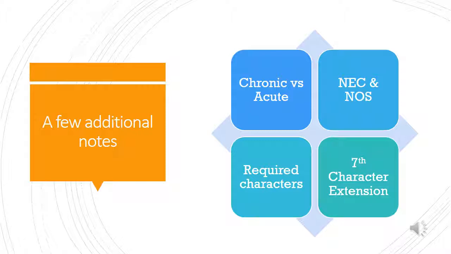This character must always be in the seventh place of the code. If there aren't enough characters for places 1 through 6, the letter X is used as a placeholder. Usually the seventh character refers to the sequence of visit. For example, the seventh character A is for an initial encounter, the first time the patient is seen for this condition.